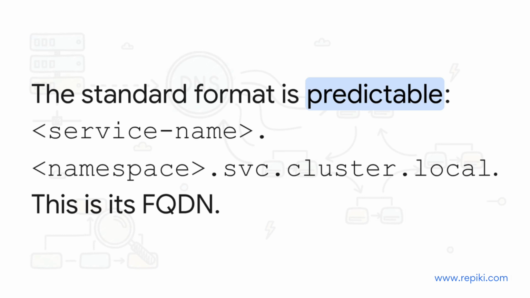Let's break it down real quick. You've got the name of your service, the namespace it lives in, and then this standard suffix, svc.cluster.local. So if you have an auth service in the backend namespace, its full name becomes authservice.backend.svc.cluster.local. And that predictability, that's everything.